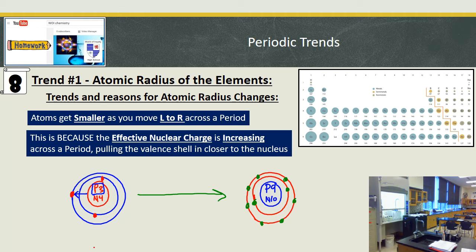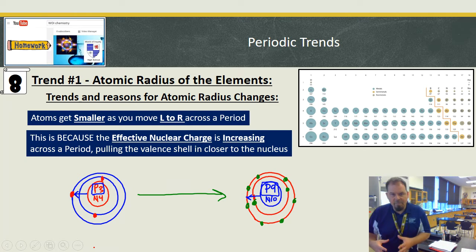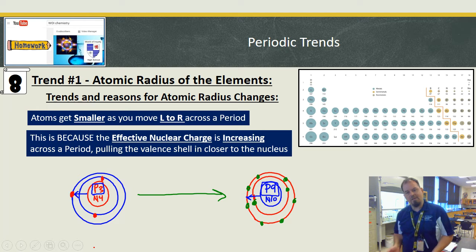And then again, as I get over here, 9 protons, let's be honest, are going to pull much harder than 3 as far as pulling in. And then here we go, ready? Same, look at that. Only 2 electrons in between the 9 pluses and those 7 outside electrons. So that's what we call electron shielding, whether you have it or you don't.